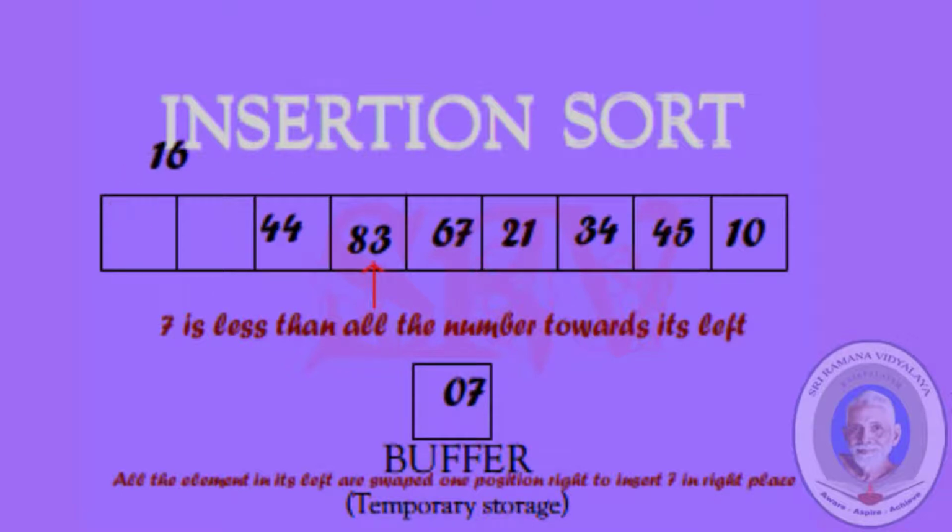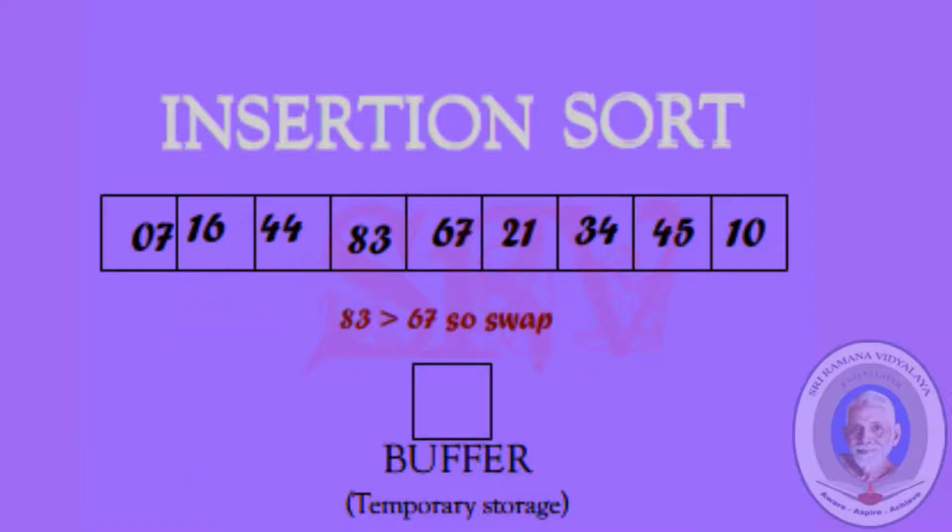Once shifted, 7 is inserted at index 0, which is the correct place in the sorted list. Now, again we check 83 with 67. As 67 is less than 83, 67 is kept in the buffer and the element 83 is shifted right and 67 is inserted at index 3 in the sorted list.